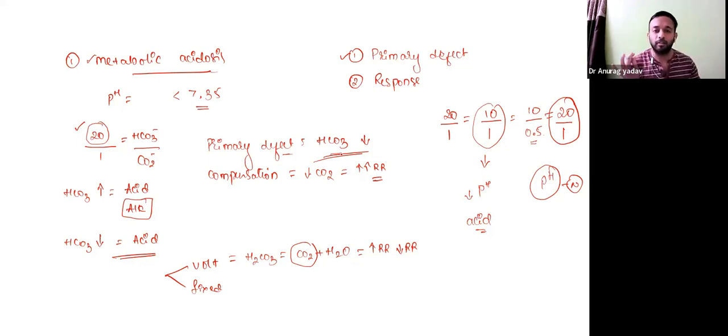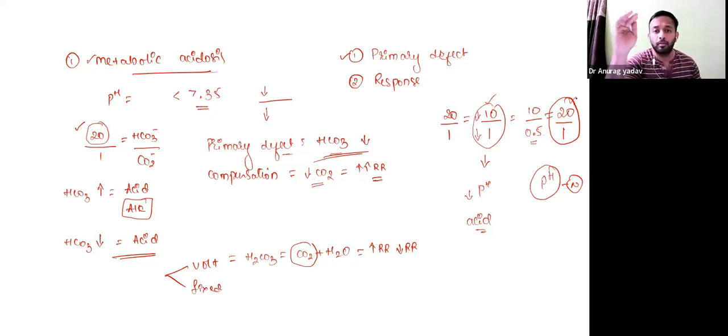Next, second, you have to see what is the compensation. Compensation always goes hand in hand. For example, if the numerator decreases, then the compensation is that the denominator also decreases. Like in this example, if bicarbonate is low, what is the body's response? It will also decrease the denominator, so that the ratio can be brought back to normal.